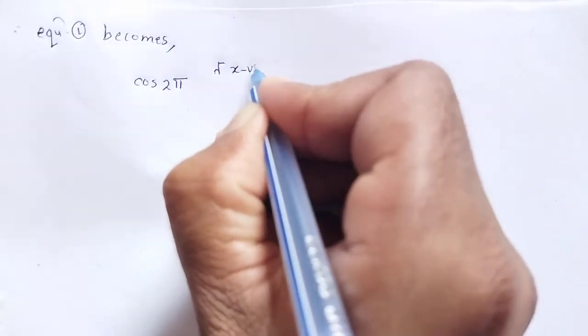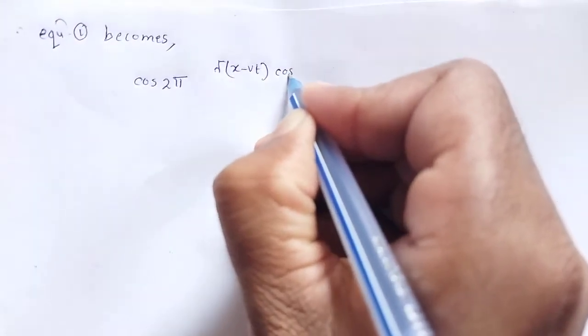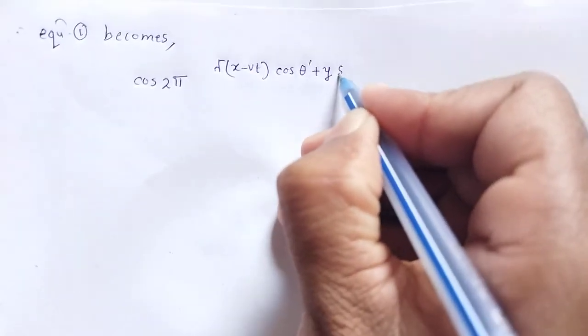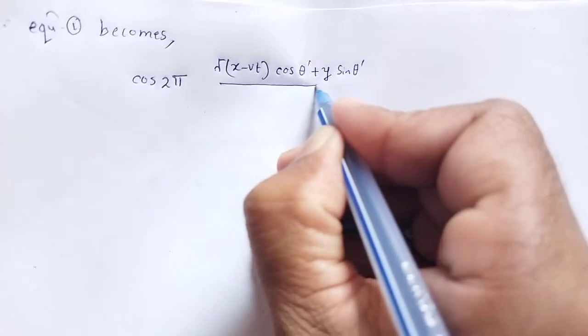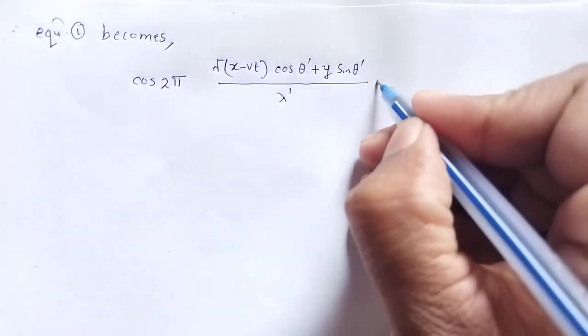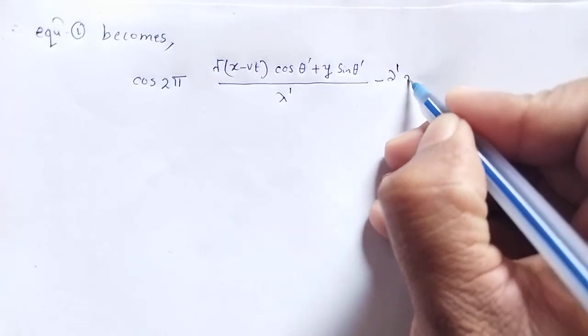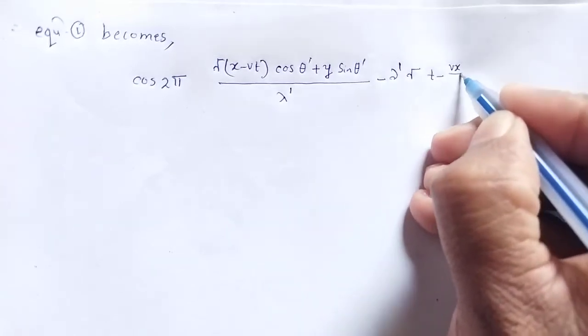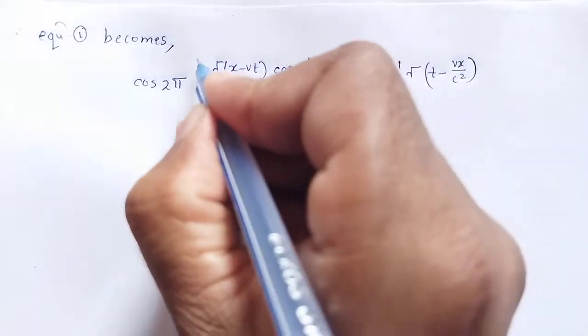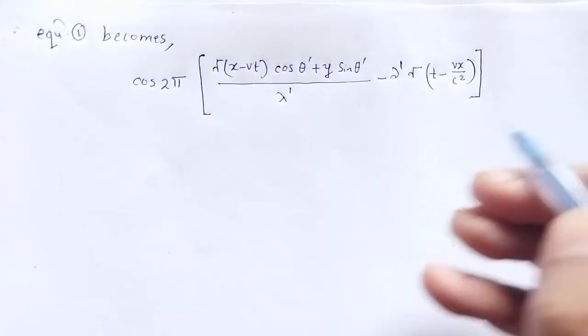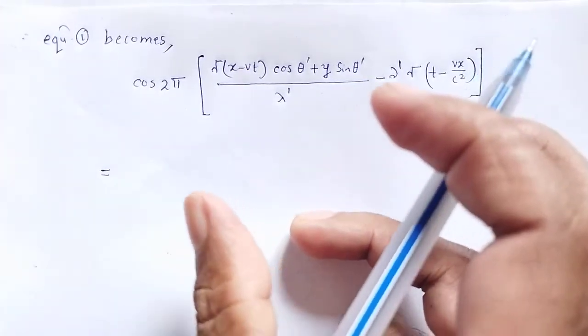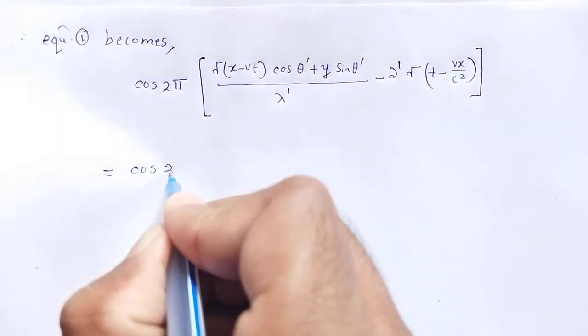Therefore, equation 1 becomes cos 2 pi times gamma (x minus vt) cos theta dash plus y sin theta dash, divided by lambda dash, minus nu dash gamma (t minus vx by c square). We have to simplify that.